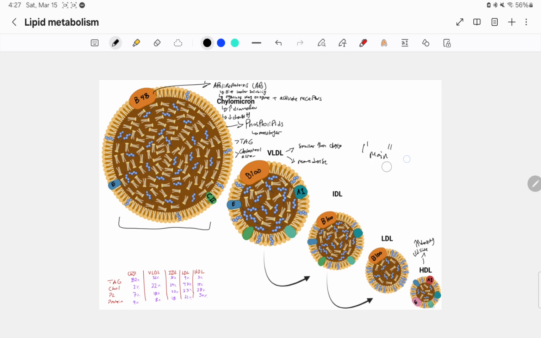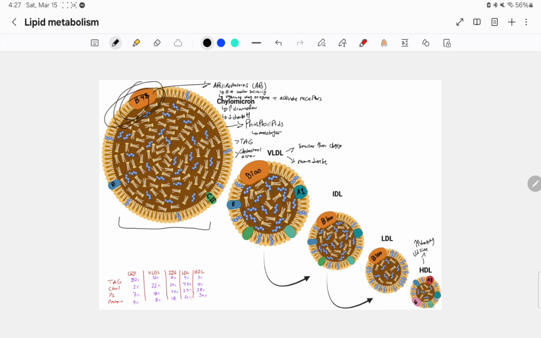So if I see this ApoB48, I know that I'm looking at a chylomicron. Now this chylomicron might have other apoproteins on it, such as ApoE and ApoC2, and they all serve a function. But ApoB48, that one I can tell that with that, this is a chylomicron.